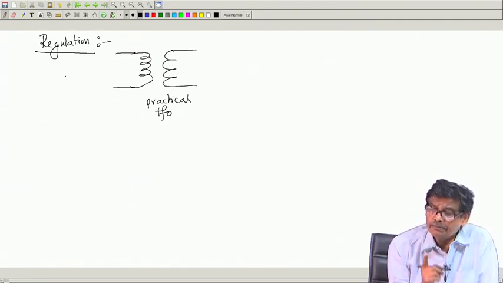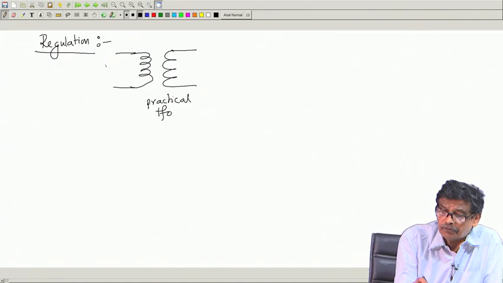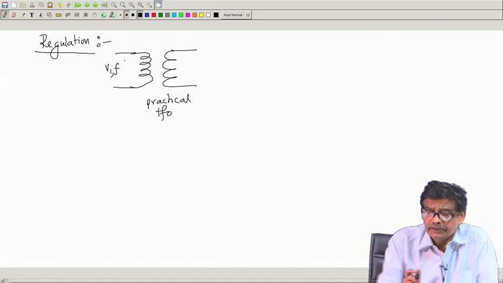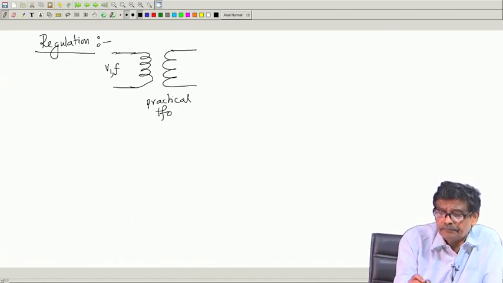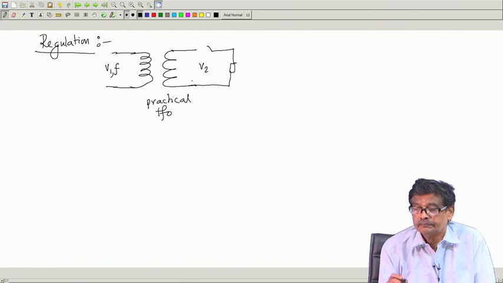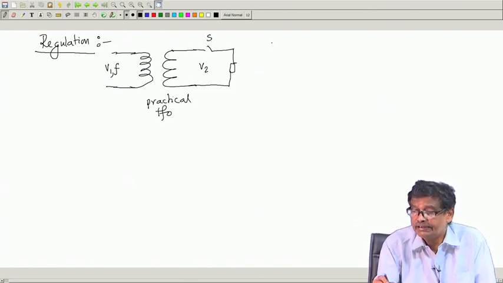Now, what do I mean by regulation? Suppose you apply the rated voltage at rated frequency, always apply rated frequency, okay, and note down this voltage with no load connected, with S open.